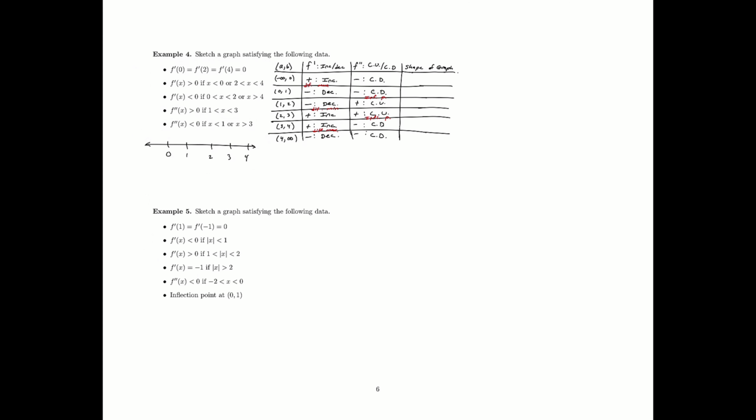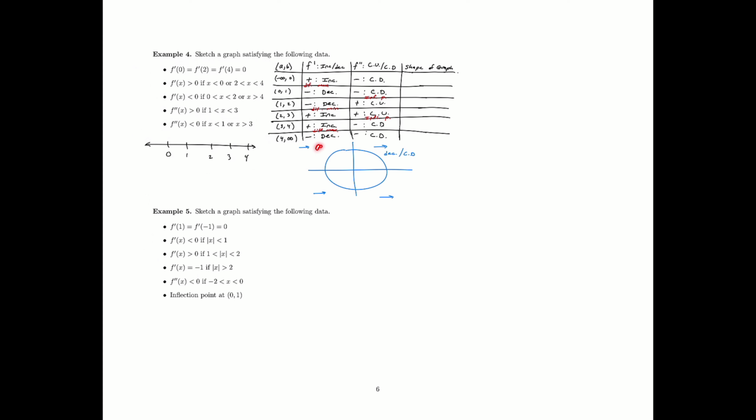Okay. So now what's really nice here is if we take a circle and then think about the 4 quadrants. In quadrant 1, if we think about moving left to right, so always think about moving left to right, this would be decreasing and concave down.